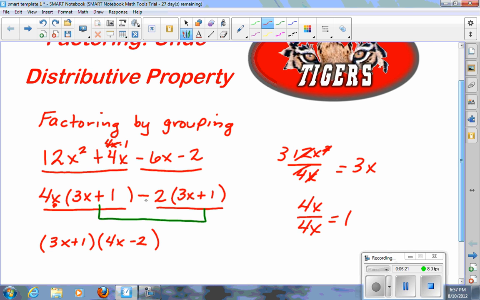See, my 4x is here, my negative 2 is here. If for some reason I'm not sure that I did this right, I could multiply these two back together and hope that I get this. And here you'd have to do the distributive property twice. You distribute this one and this one. And you should get this.